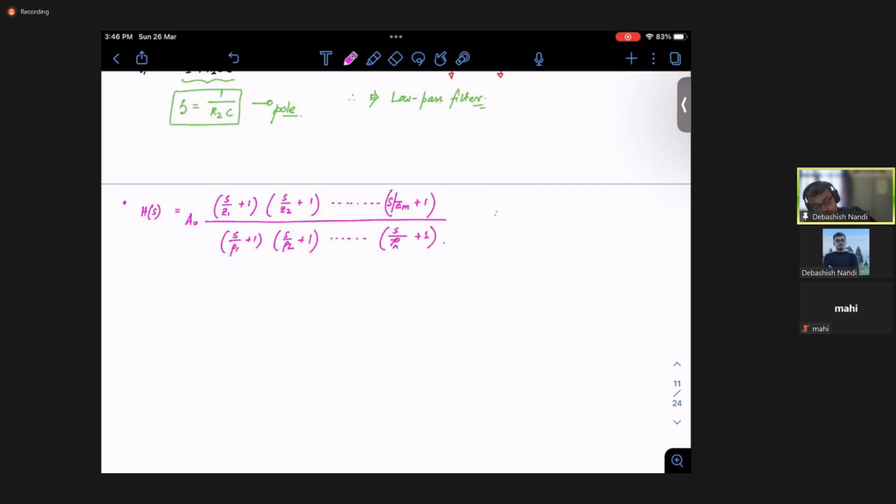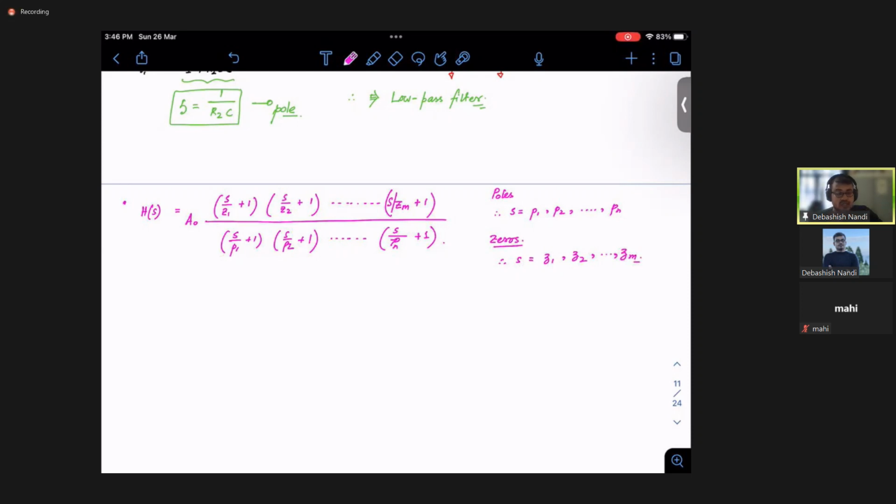So what are the pole locations? Poles are s equal to p1, p2, pn, right? And what are the zeros? Zeros are s equal to z1, z2, zm, right?